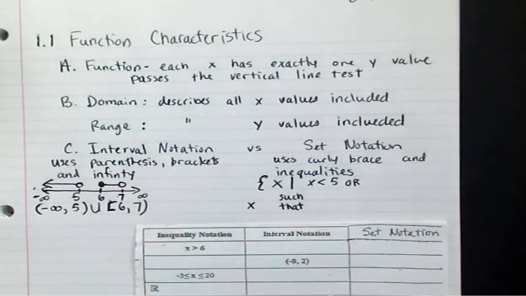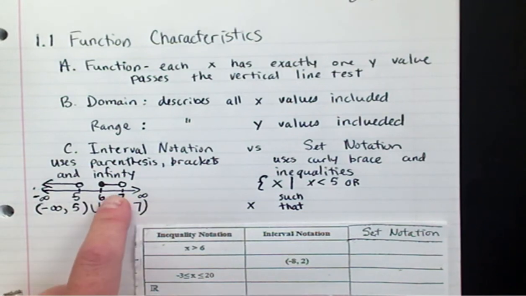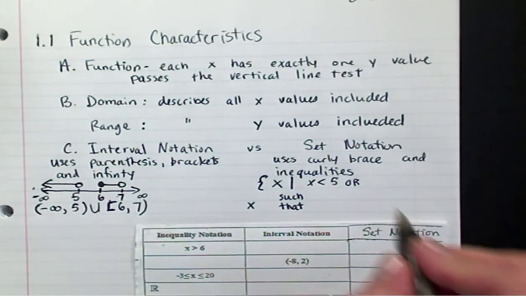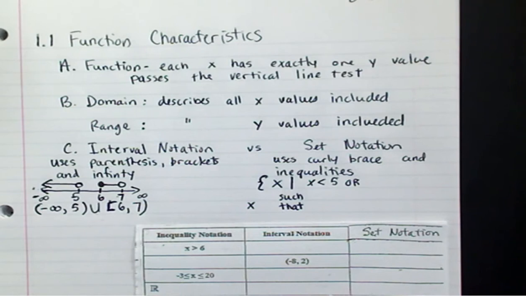So, or. Ooh, next piece. Okay, he said X is greater than or equal to 6 and X is less than 7. Completely accurate. I want it written shorter.